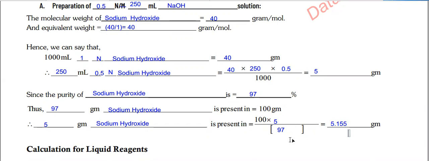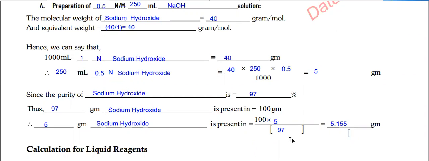So we have to take 5.155 gram sodium hydroxide from the container and dissolve it and prepare 250 ml solution. And ultimately, this solution will have the 0.5 normality strength. The strength of the final solution will be 0.5 normal.